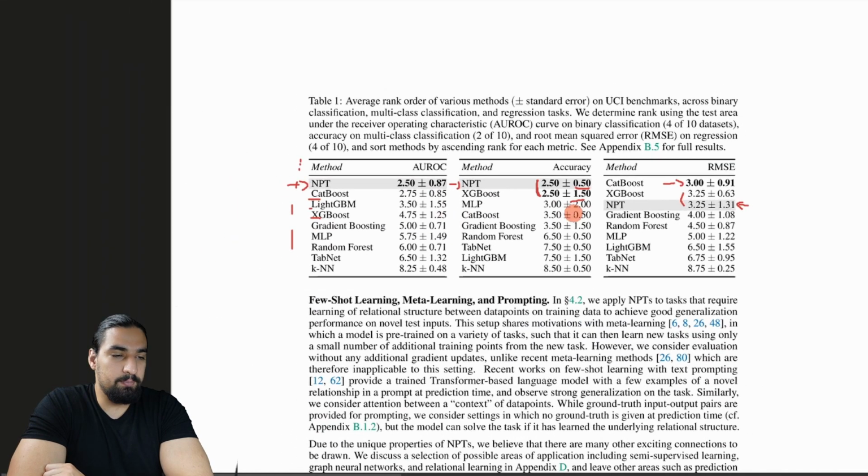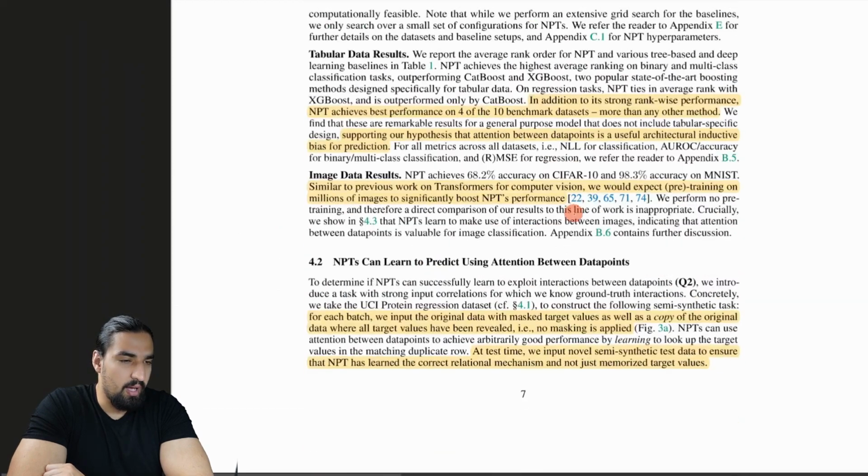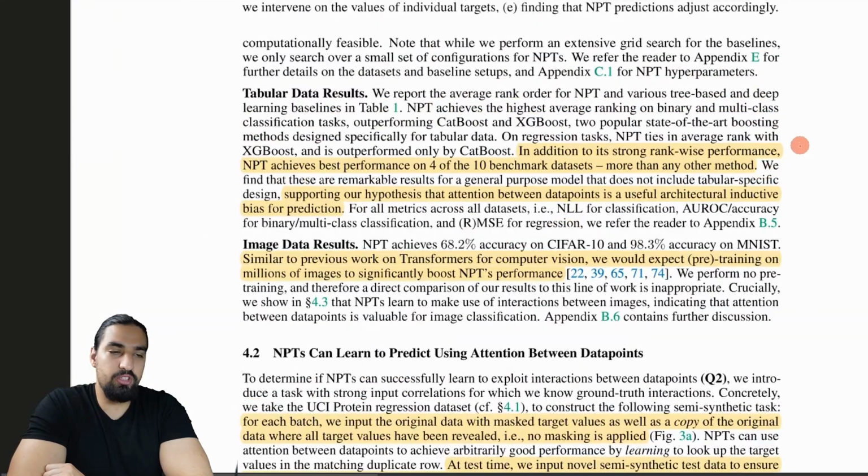But nonetheless, they mention it here: in addition to its strong rank-wise performance, MPT achieves best performance on 4 out of 10 benchmark datasets, more than any other method. So they definitely proved that this neural network can be used for tabular data and give some nice results.